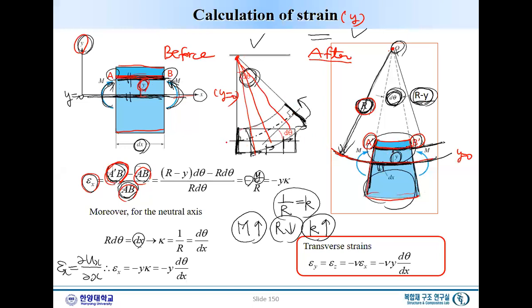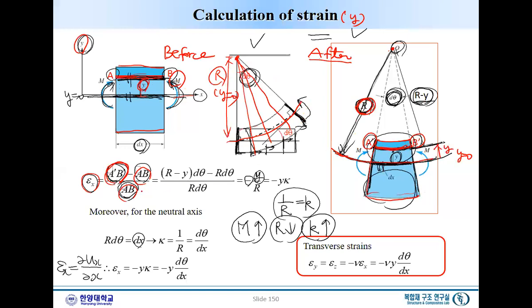So again here, this is the line, and that is again R. We don't know R yet, but we know we apply this moment. R is the amount which represents how much it bends, right? Very important value, R. So this one is the Y.